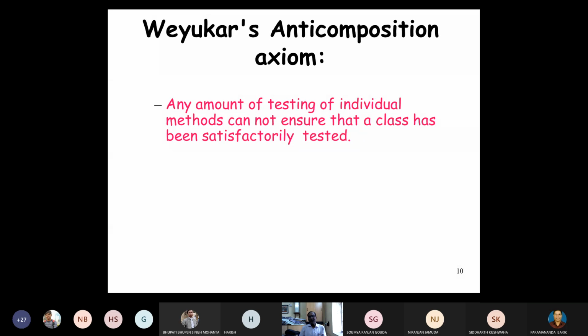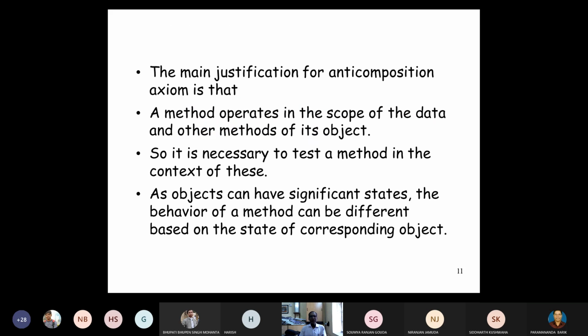A class or an object is an encapsulation of the methods and the data. So if you just test the methods, it's not sufficient. We cannot guarantee that the class has been satisfactorily tested. That's what Weyuker's anti-composition axiom says.